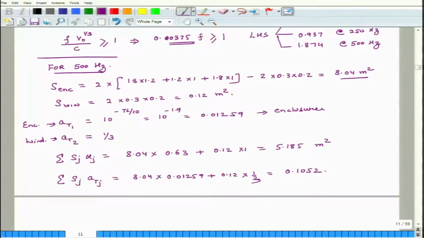Okay. Remember, this area S window includes both the windows. That is why 0.12 includes both the windows.